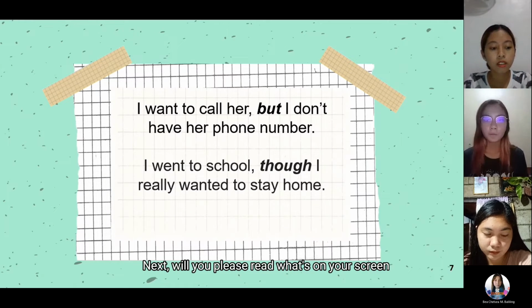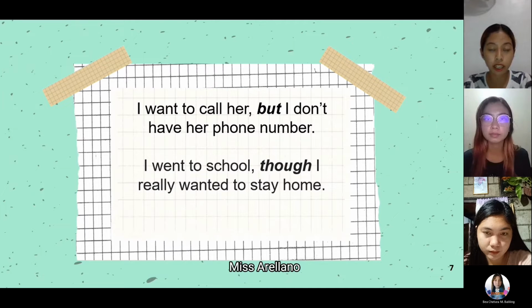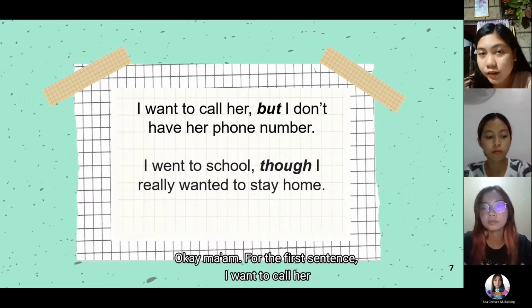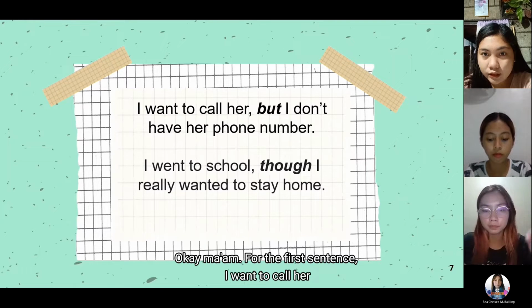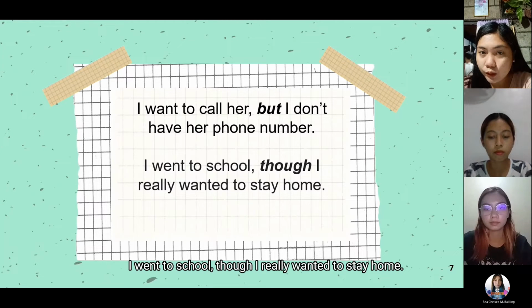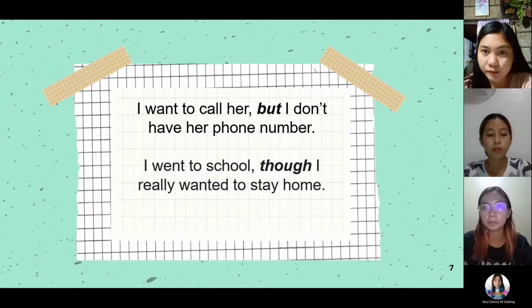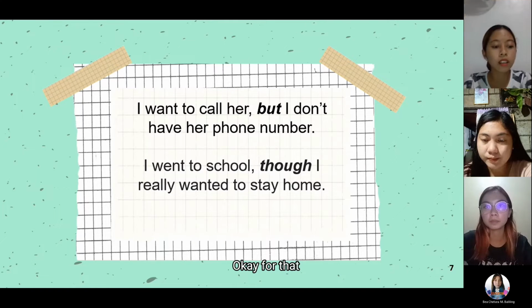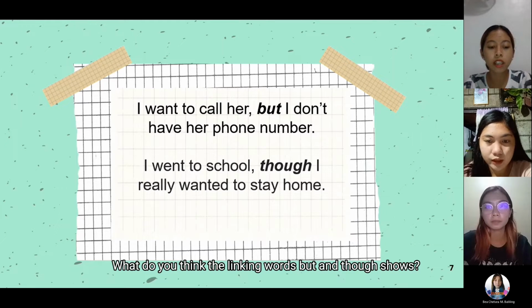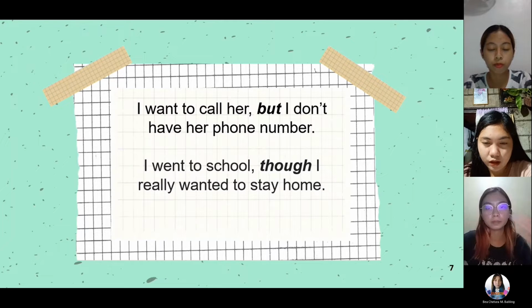Next, will you please read what's on your screen, Miss Aureliano? For the first sentence, I want to call her, but I don't have her phone number. And the second one, I went to school, though I really wanted to stay at home. Thank you for reading. What do you think the linking words but and though show?